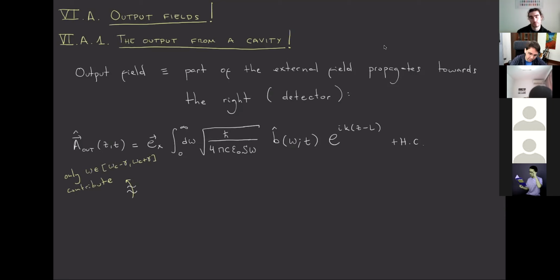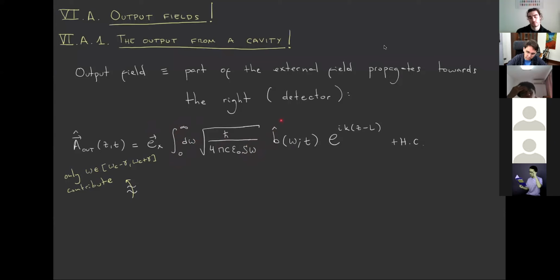In particular, every function of omega that is slowly varying, for example the square root of omega, we just evaluate at the cavity frequency and pull out of the integration, because only the part of the integration around the cavity frequency will contribute.